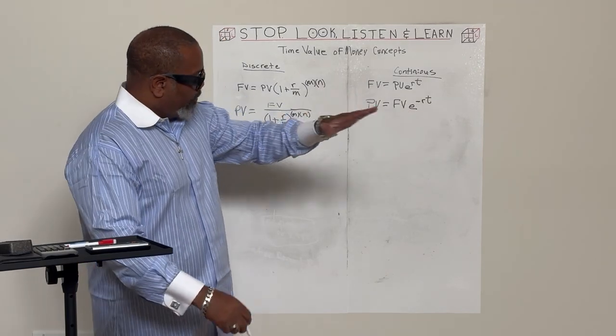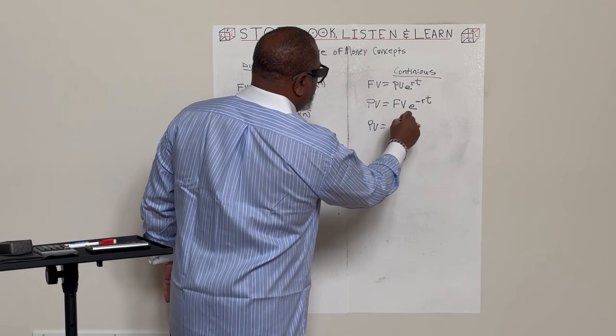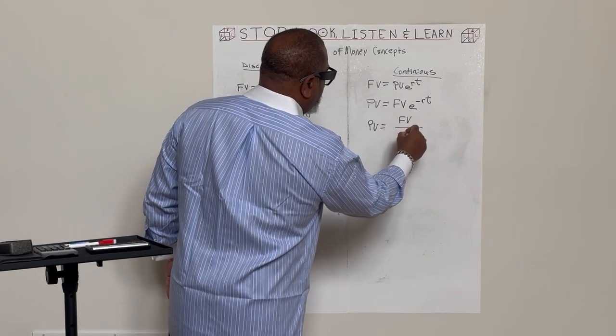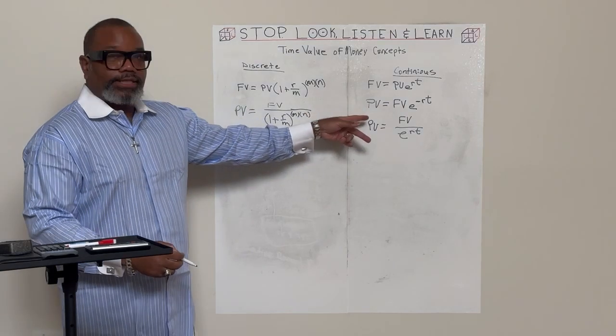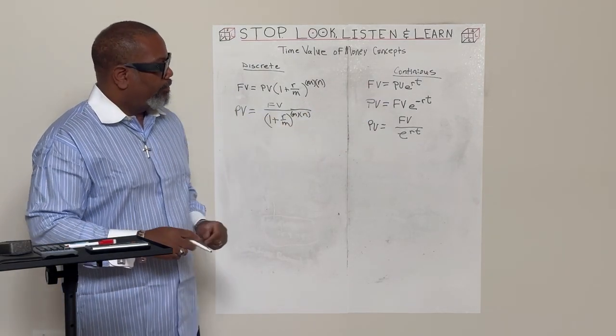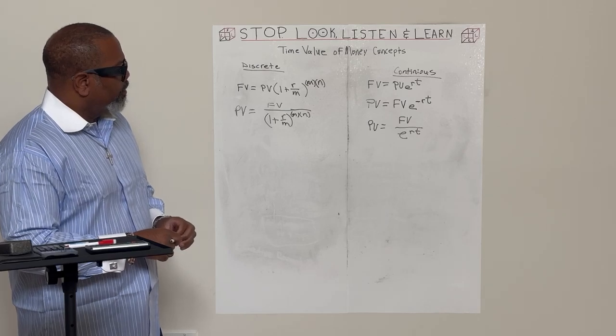You can also write it like this: present value is equal to future value over e to the RT. Those two things are mathematically equivalent, so you can write it whichever way that you want to do it.